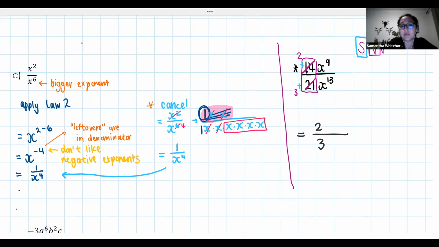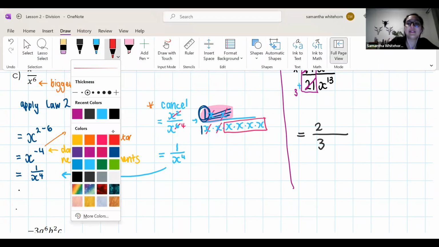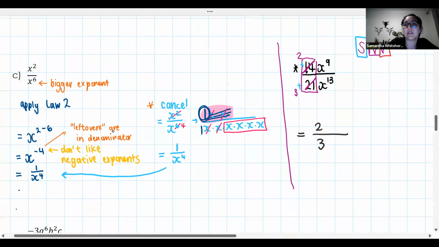I still need to deal with those variables. The variables that I have here are my x's, and I have x to the power 9 divided by x to the power 13. Now, two ways you can do this.